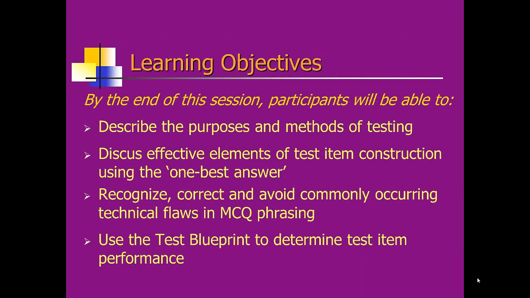So our learning objectives for today is to describe what are the purposes and methods of testing, why do we test, how do we construct what's called the one best answer rule, recognize and correct and avoid some of the common flaws in MCQs, okay, of which you'll recognize some, and I'll introduce you to what's called a test blueprint, which will help you kind of put together the pieces.